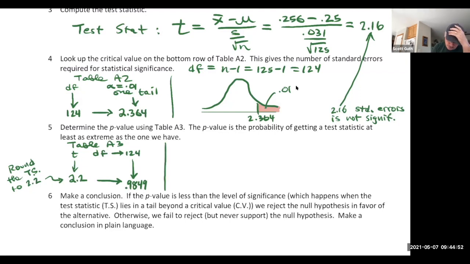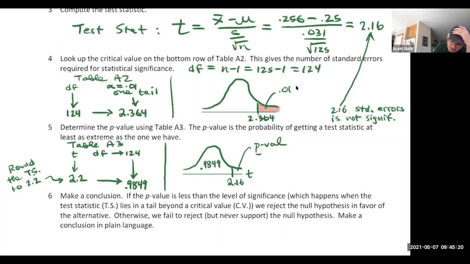All right, so remember, this is a right tail test, so you don't want the area to the left, you want the area to the right. So our test statistic is 2.16. This is the p-value. It's a right tail test. We have to use the complement of the area to the left, 0.9849.